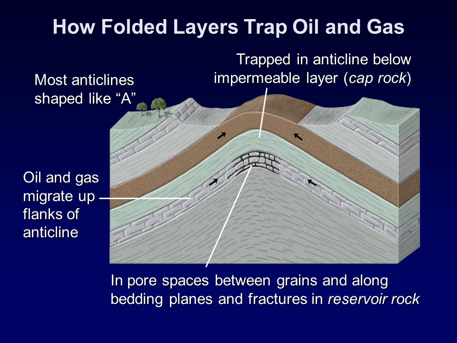It's trapped in an anticline below an impermeable layer that we call the cap rock. So we need to have these different pieces in order for folded layers to trap oil and gas.